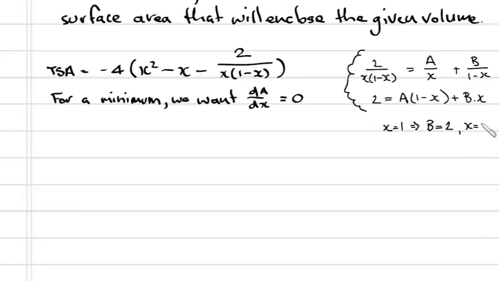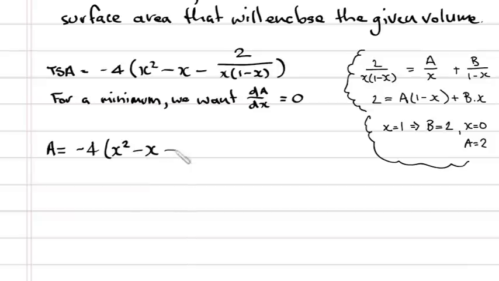Secondly, if we choose the value of x equal to 0, then the b term drops out, and again we get 2 equal to 1 lot of a, if you like, and quickly see that a is equal to 2. So our partial fractions then, or the area expressed in its simplest form, ready for differentiation, will be A equals -4 outside of x squared minus x minus 2 over x plus 2 over 1 take x.